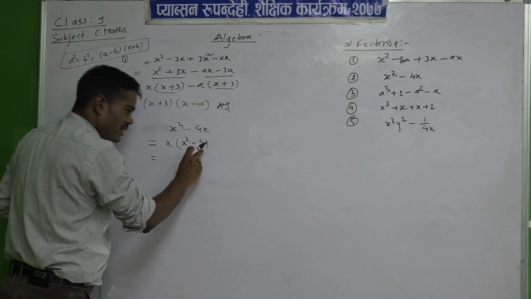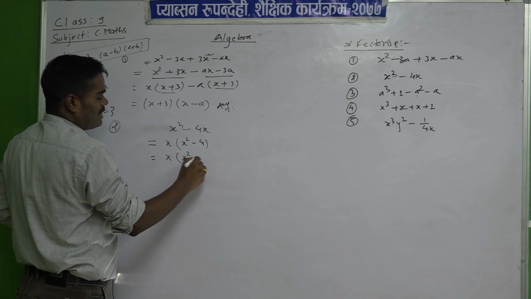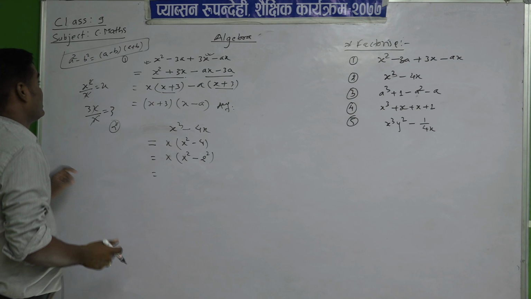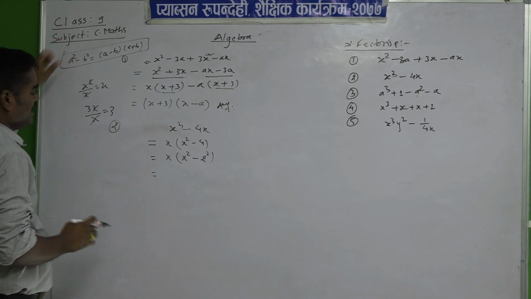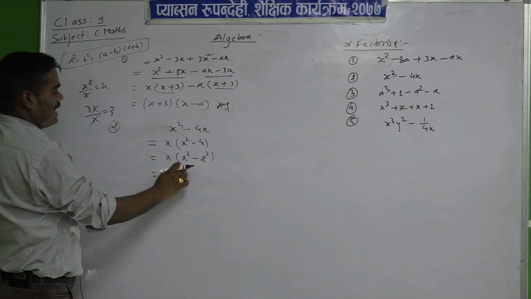So we have to write 4 in the form of a square. That is x square minus the square of 2, which is 4. Now see here, this is a square and the base is a, and here the base is x, so a means x.